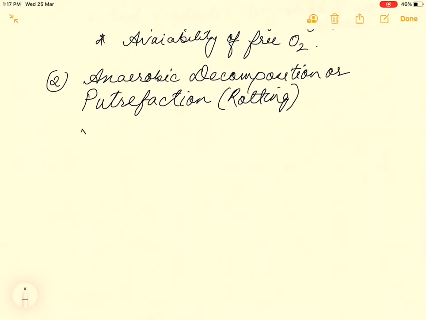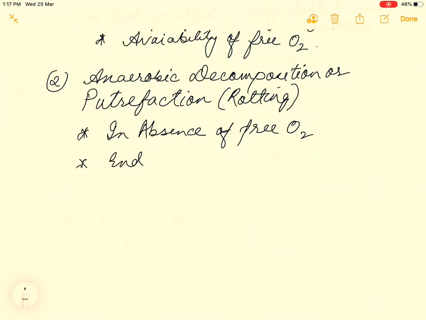Obviously this is in absence of free oxygen, and the end products are highly unstable. So this we have already learned and covered.